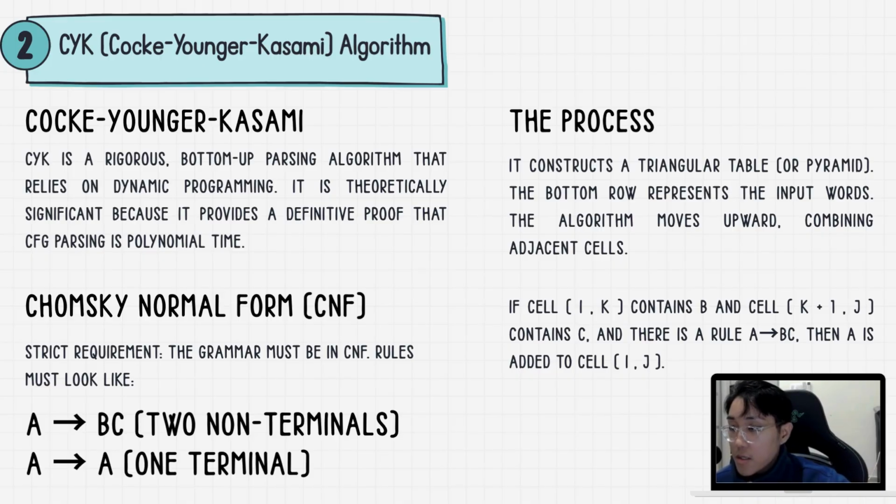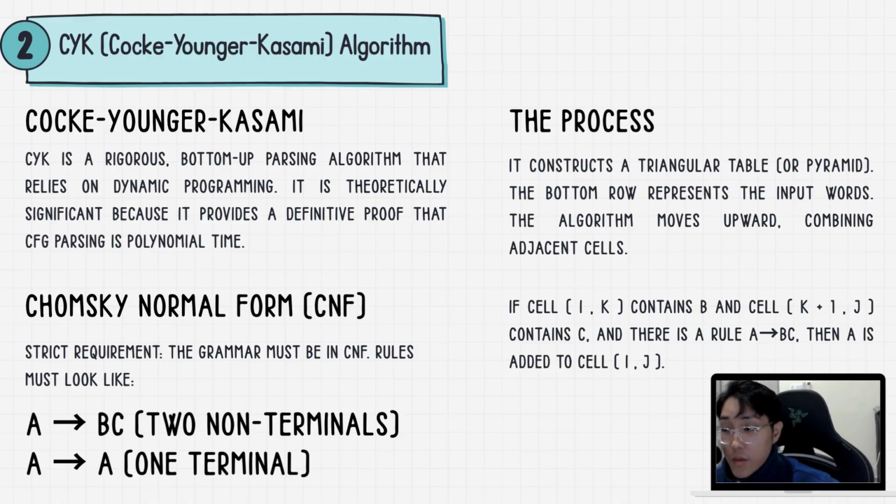Okay, for the next one we have here is the CYK algorithm, which is also known as the Cocke-Younger-Kasami algorithm. CYK is a bottom-up parsing method that relies heavily on dynamic programming. It's important in theory because it proves that context-free grammars can be parsed in polynomial time.